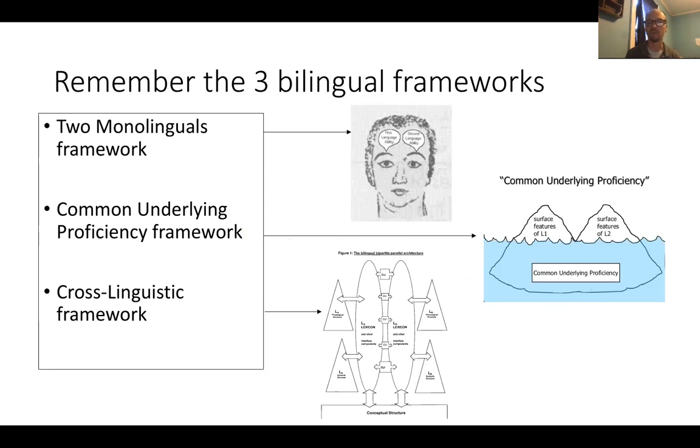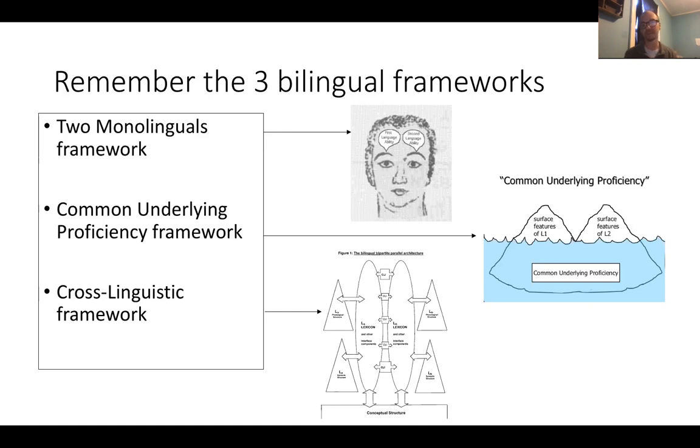So now I want you to remember the 3 bilingual frameworks that we went over in the foundations class. Remember, there's the two monolingual frameworks, where this idea that bilinguals are two monolinguals in the same brain. There's the common underlying proficiency framework that says that you have surface features of L1, surface features of L2, and there are just things that are commonly known, the common underlying proficiency.